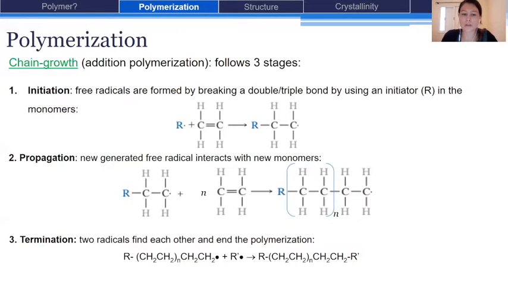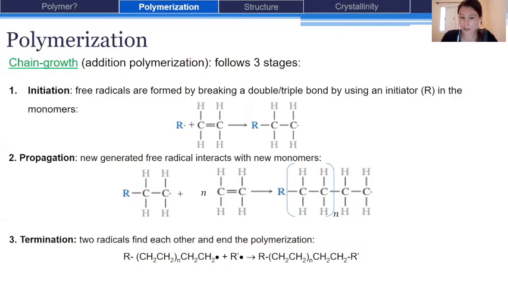So we can represent that this species will react with N monomers, and we will end up with this long chain, with this polymer.